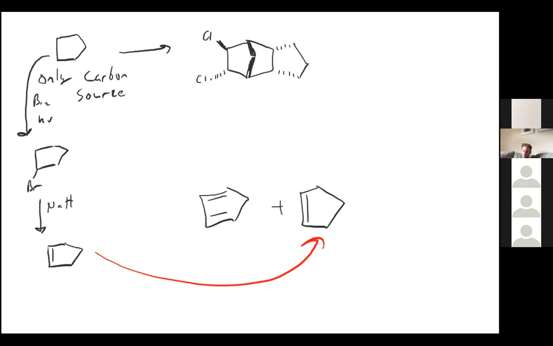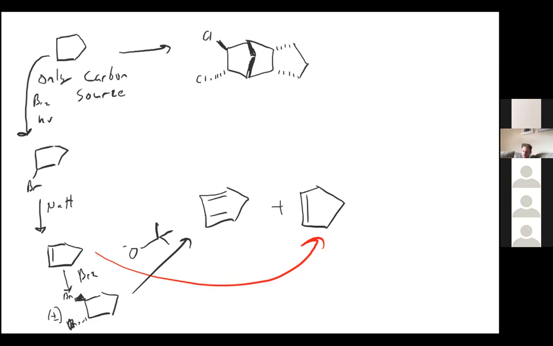If you add in Br2, the only difference is you need to make sure you're using a large base in this next step. So something like t-butoxide here will get you to this diene here.